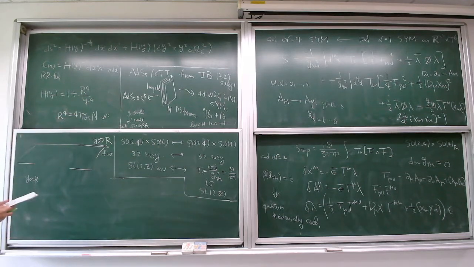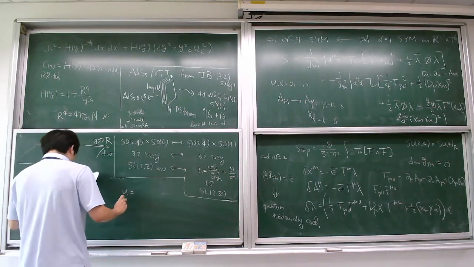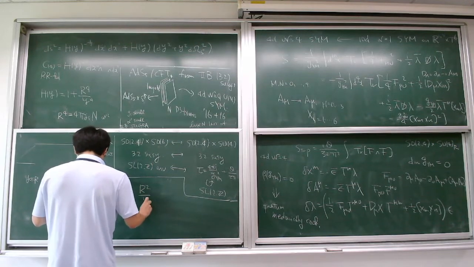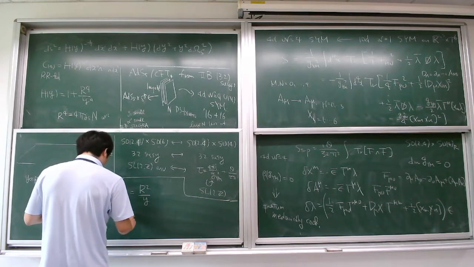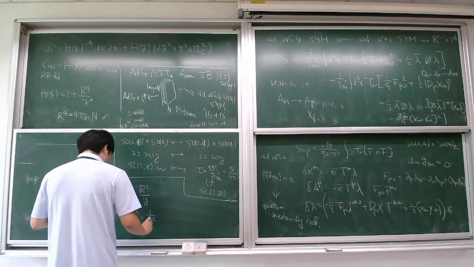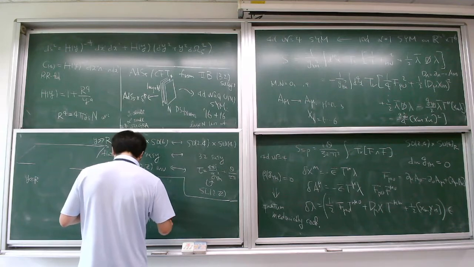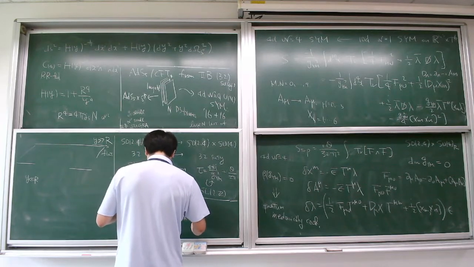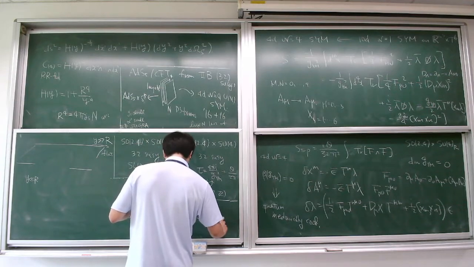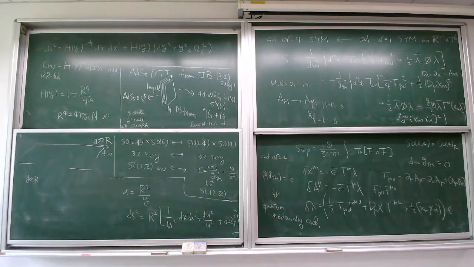And then you have to take into account this term, and if you introduce u equal to R squared over y, and rewrite in terms of u, this metric can be written as follows.